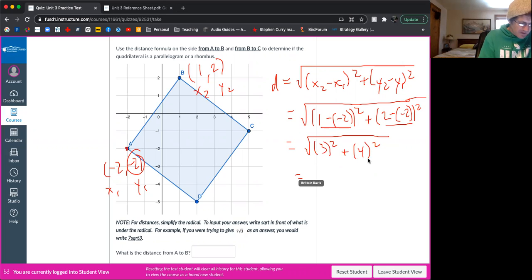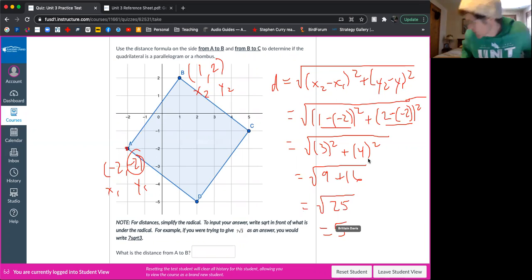So now whenever I look at this, it's going to be 9 plus 16. And now I can do the square root of 25. And this happens to turn out to be a whole number, 5.